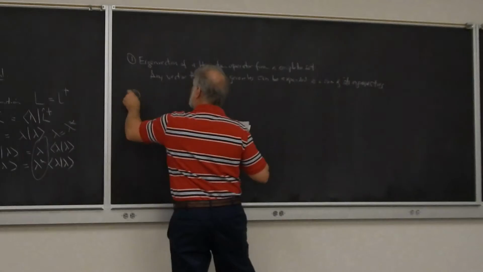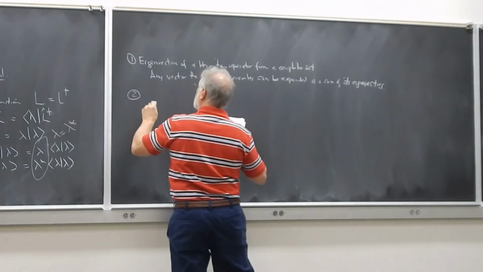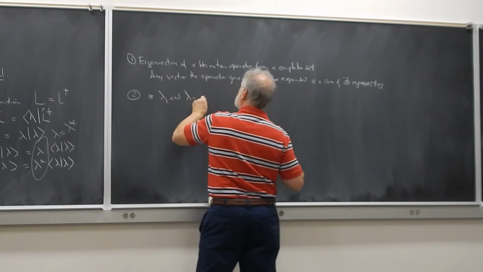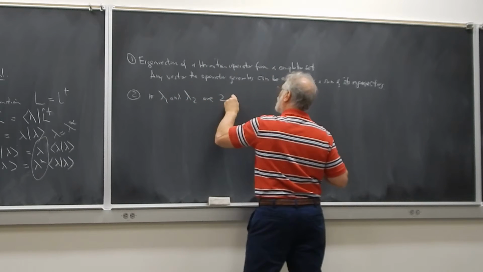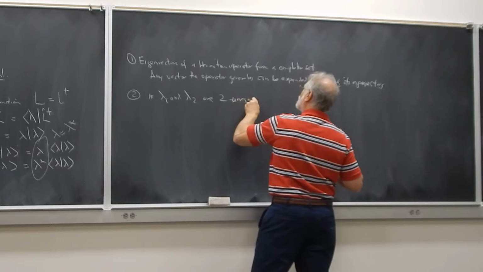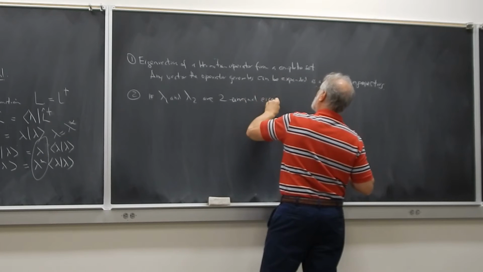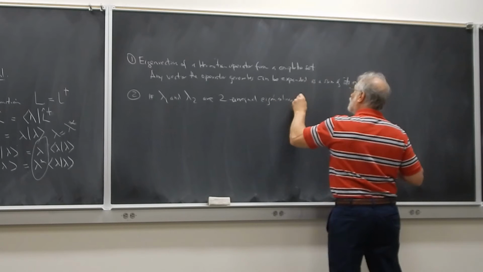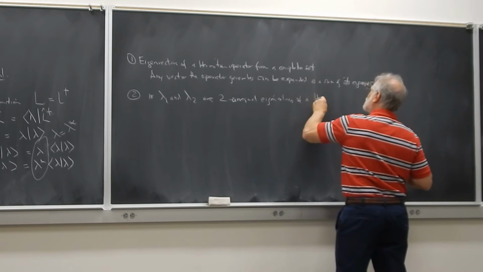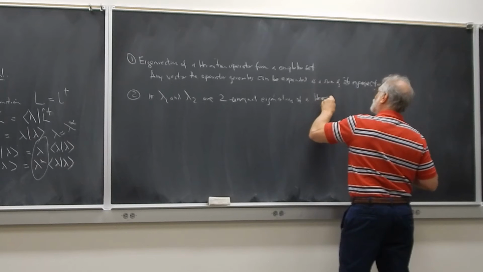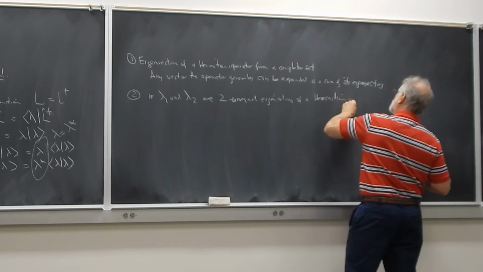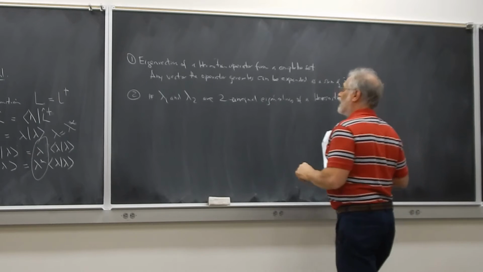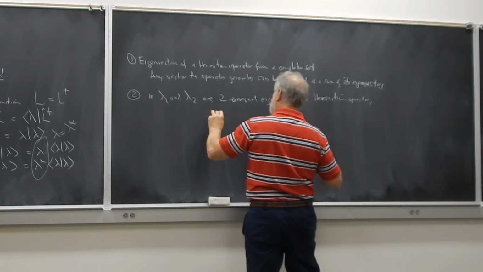Two, if lambda 1 and lambda 2 are two unequal eigenvalues of a Hermitian operator, the corresponding eigenvectors are orthogonal.